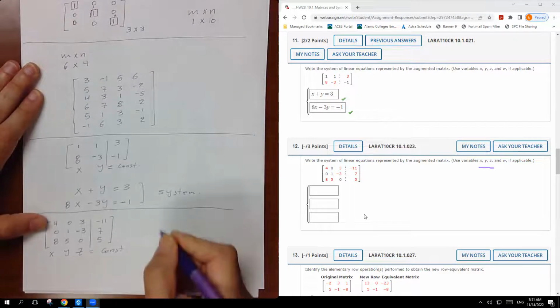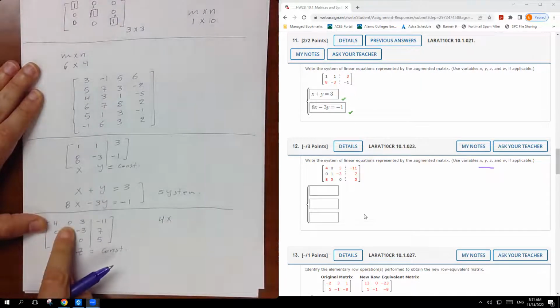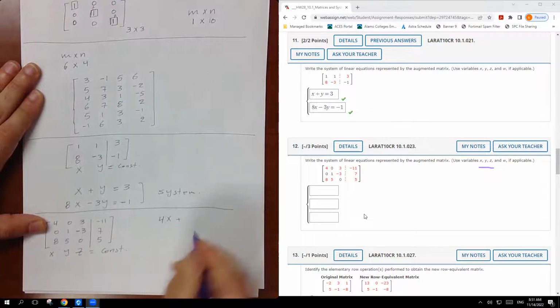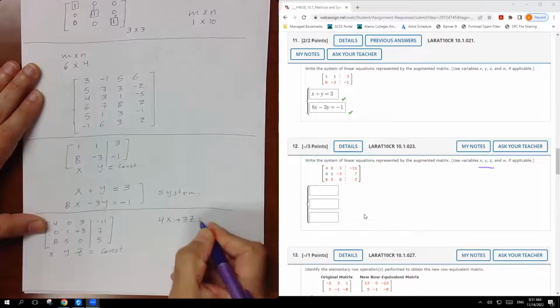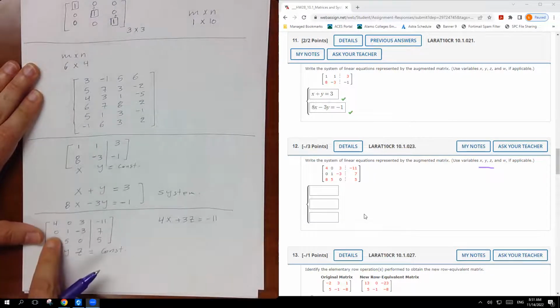That means it's going to be 4x, 0y. So I'm not going to write down the y, plus 3z equal negative 11. This is the first one. The second one, there's no x. Start with the y.